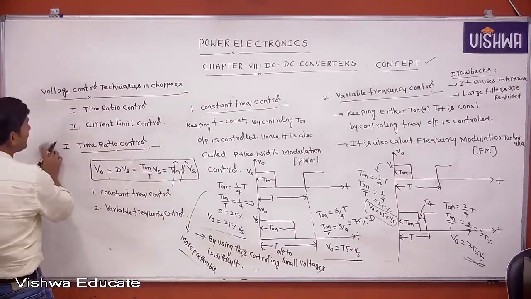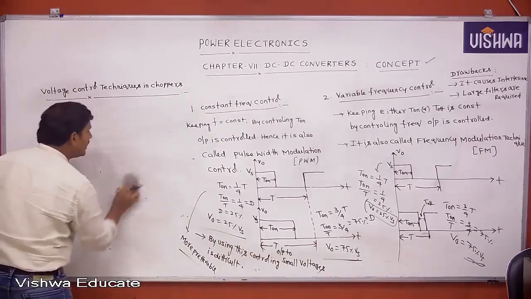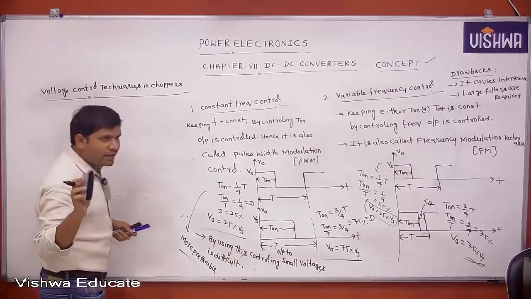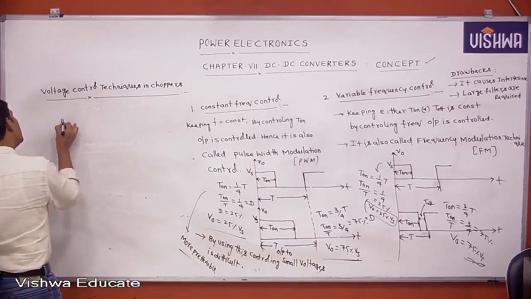Then one more technique is current limit control. What do you mean by current limit control? This you have already seen in the buck regulator and boost regulator, you have seen the waveforms also. Then what is current limit control?